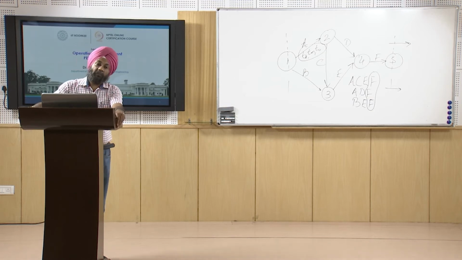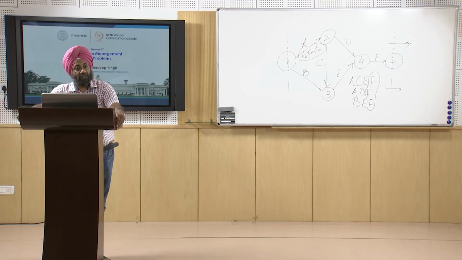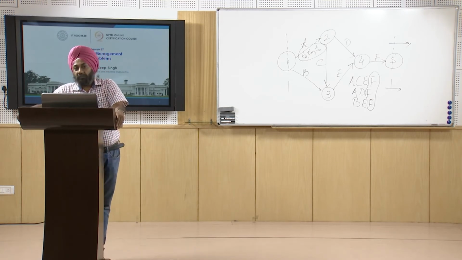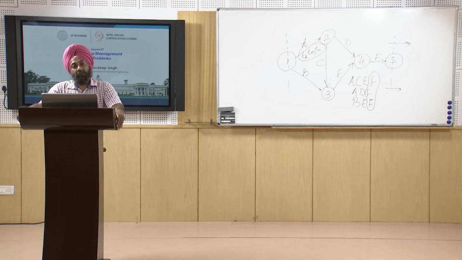And if you remember, in the previous session we have taken that estimated time TE is equal to TO plus 4 times TM plus TP divided by 6, where TO is the optimistic time, TM is the most likely time and TP is the pessimistic time. So TO plus 4 times TM plus TP divided by 6.